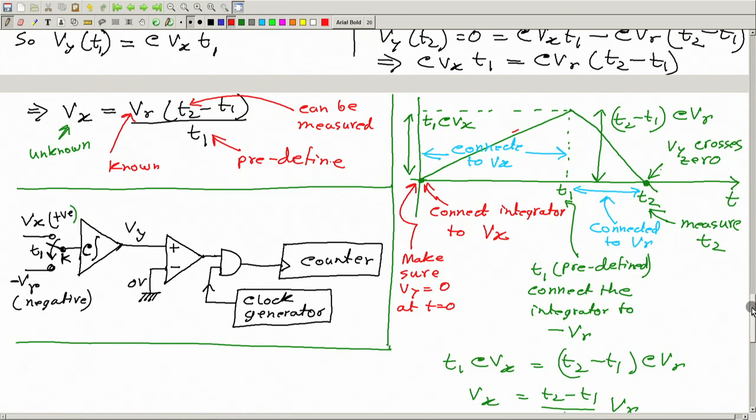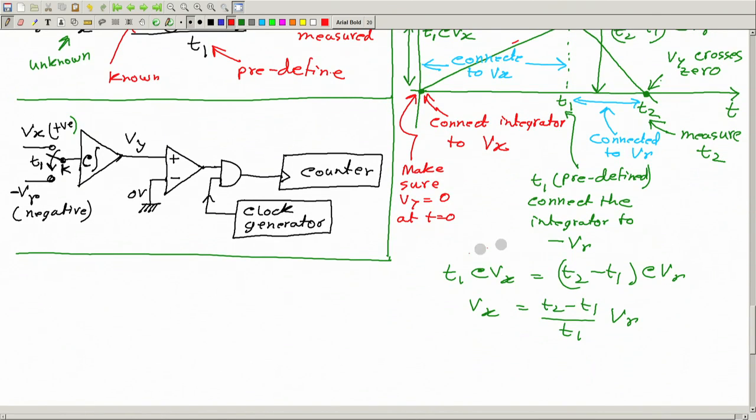You can also see this in this equation, where we see that this constant C is on both sides and therefore, they get cancelled. So, even if the value of C is changed by 1%, 2%, even more, it is changed on both sides, and this cancels from both sides.